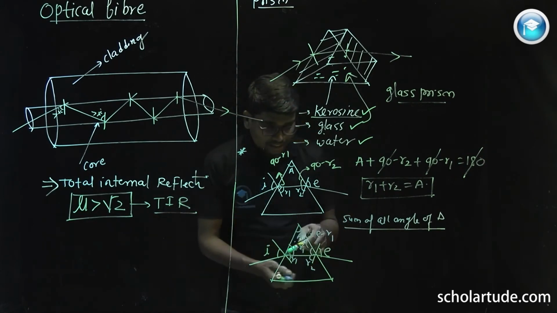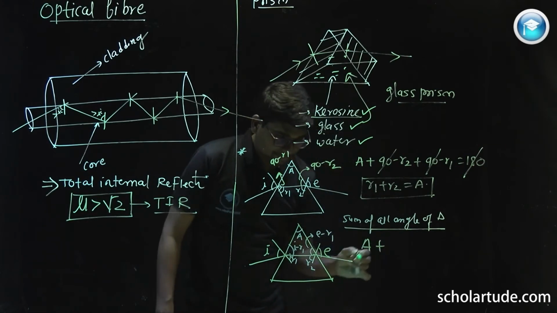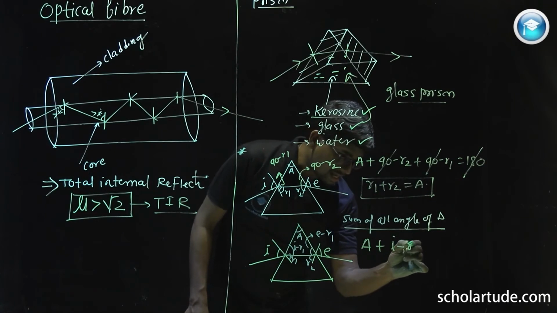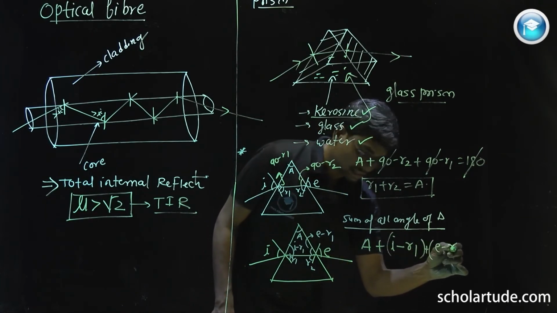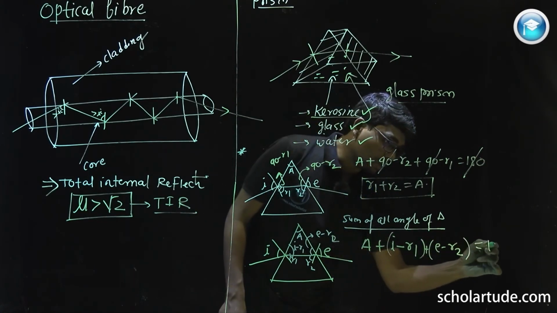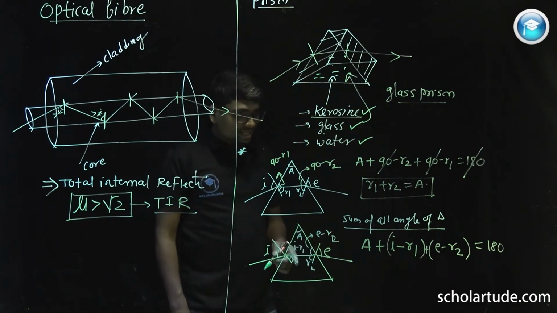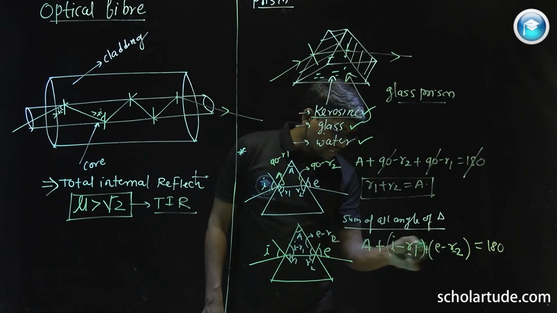Now if you do the sum, the result would be A plus I minus R1, this is one angle, plus E minus R2, this is R2, equal to 180. Now if you apply this, you will get the concept that R1 and R2 get added.